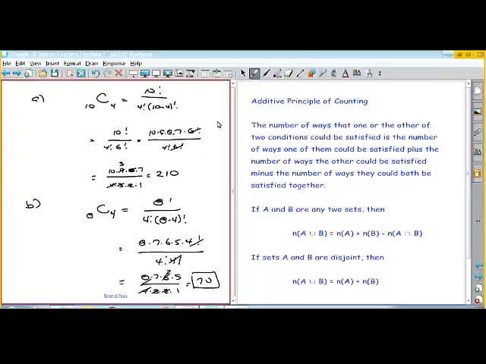But if you were talking about classes, you might have this class together, and some of you may share another class. And if we just took the number of people in this class plus the number of people in that class that met a certain qualification, you might be double counting them.